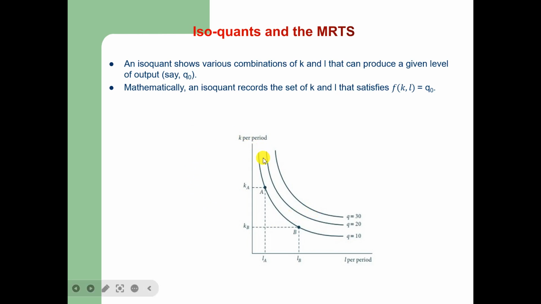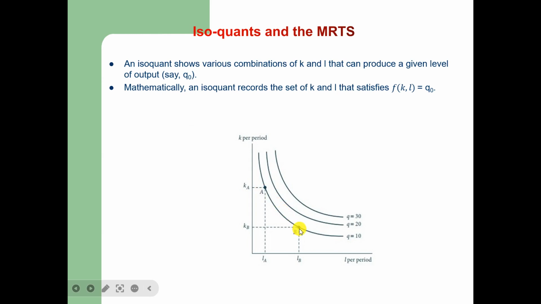So the higher the isoquant, the higher the level of output. Here, if we look at this isoquant, there are two combinations. One is A and one is B. At A, LA units of labor and KA units of capital are used, and this combination is capable of producing 10 units of output.